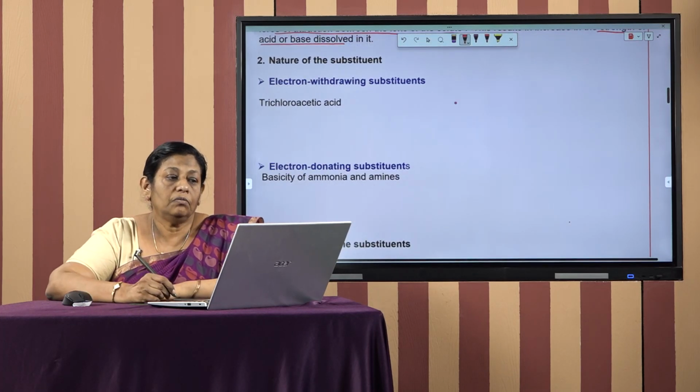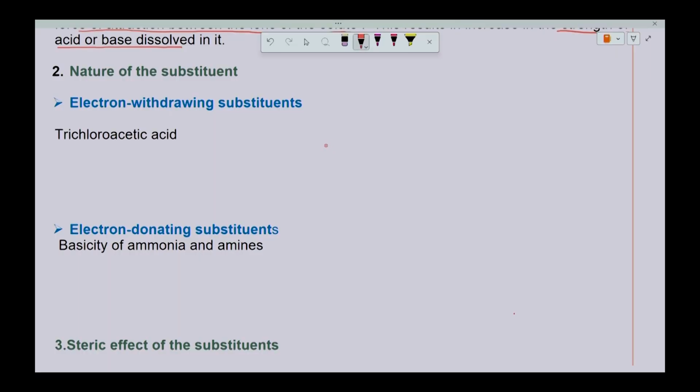Nature of the substituent, usually we consider this in organic compounds. The example we will be taking is trichloroacetic acid. Everyone knows that is CH3COOH, that is acetic acid.